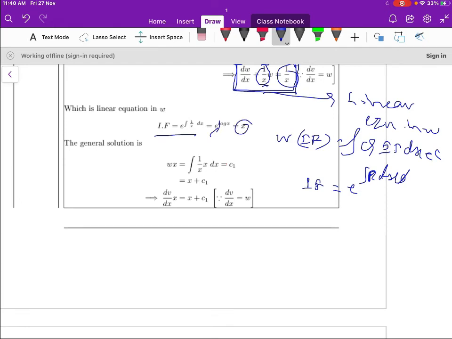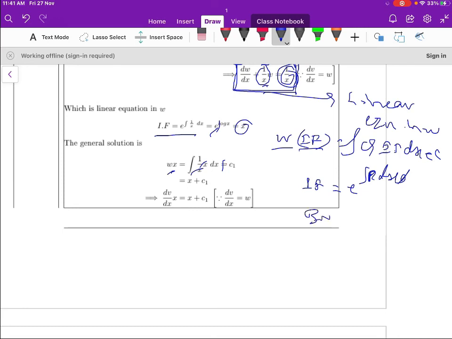So IF is equal to x. Therefore the general solution is w into IF, that is x, equal to integral of Q, which is 1 by x, into IF, which is x, dx plus c1. So x gets cancelled, integration of 1 with respect to x is x, that is x plus c1.